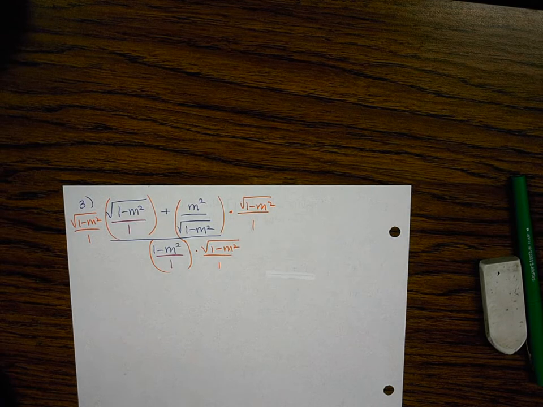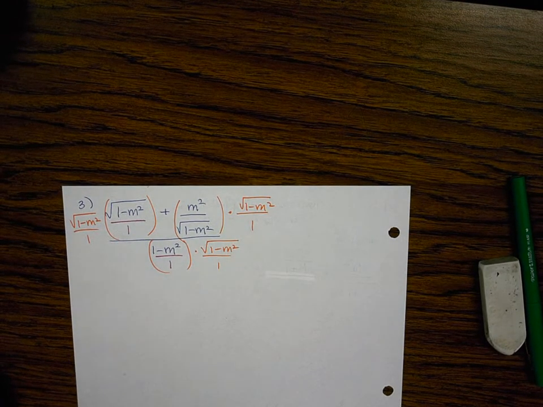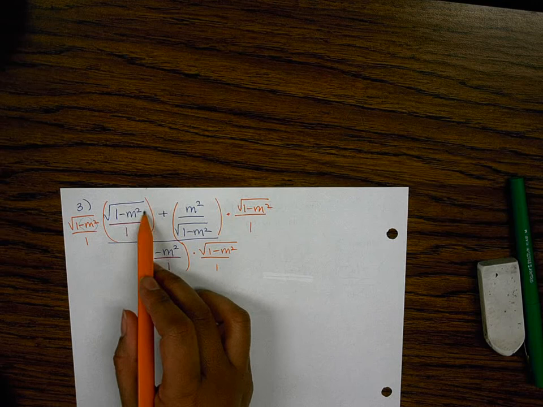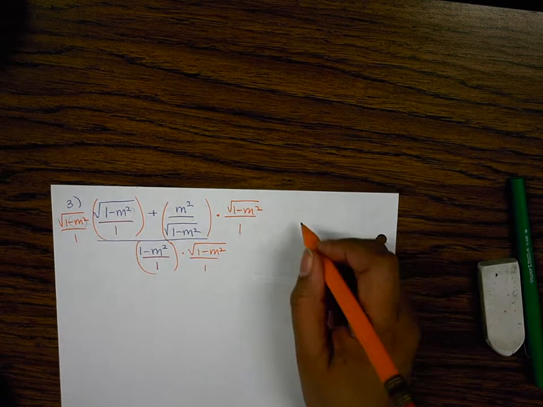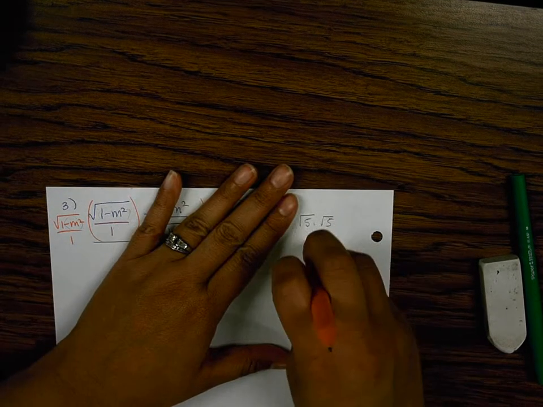All right, let's go ahead and clean this up and see what happens. First thing here, the bases are the same, 1 minus m squared, and they both have a square root, so the square roots will undo each other.